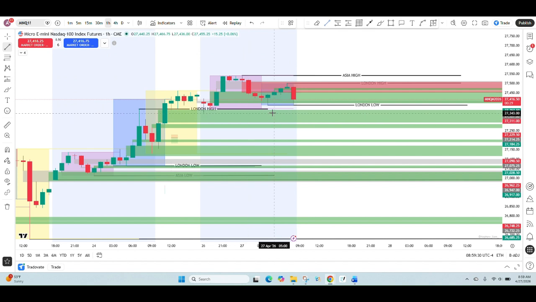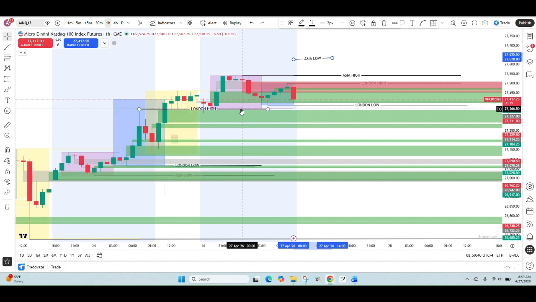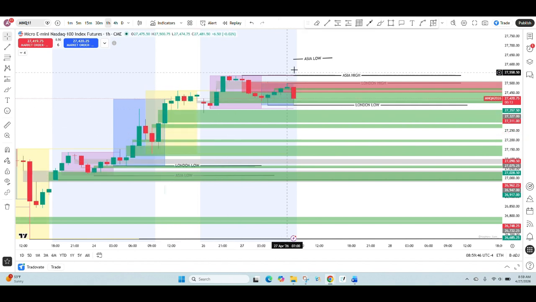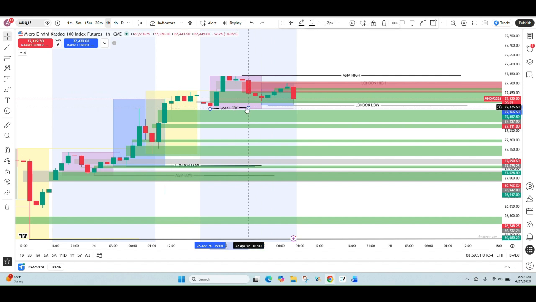Where's the low? Oh, it looks like this level's, so let me get rid of this London high because that was already taken out. Get rid of this old entry, and then I can see my Asia low, so mark that out. The Asia low goes right there.